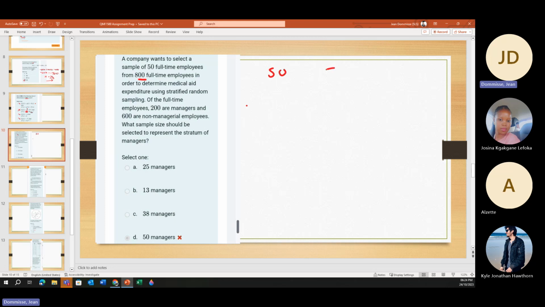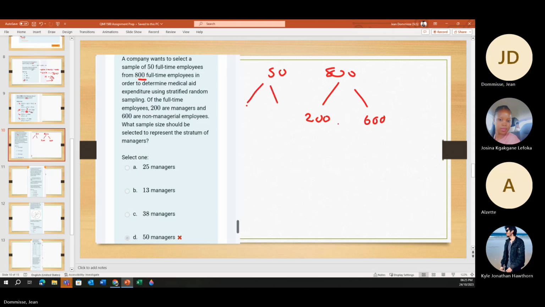So 50 from 800. In order to determine a medical aid expenditure using stratified random sampling. Of the full-time employees, 200 are managers and 600 non-managers. What sample size should be selected to represent the stratum of managers?